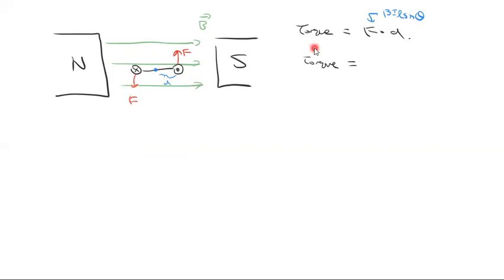So this therefore is going to equal 90 degrees, because going left or right is perpendicular to in and out. And so that's going to be your BIL sine theta for the force. Your distance is going to be half the radius. Putting all that in and doing a little bit of working, you'll get your torque equals BIA.